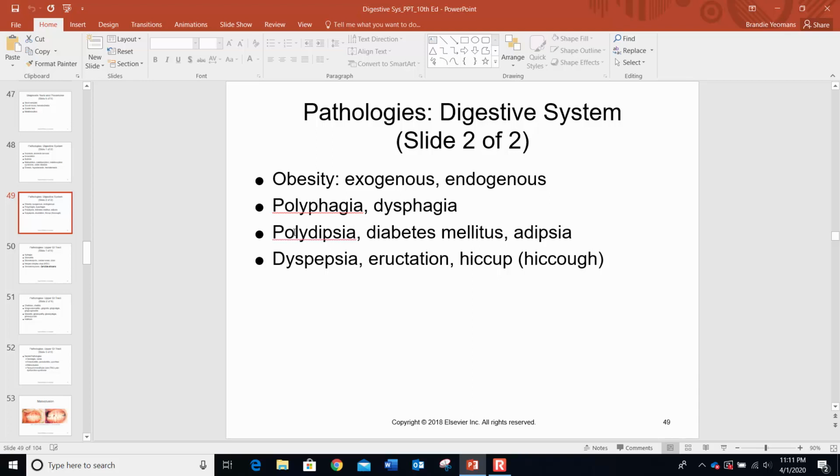Polydipsia, that's an excessive thirst, and we typically note that that's one of the symptoms with diabetes. So you have diabetes type 1 and type 2. Type 1 is the form that patients are born with, and they are insulin dependent. And type 2 is the type that most of us develop once we get into our 30s, 40s, 50s, maybe even 60s.